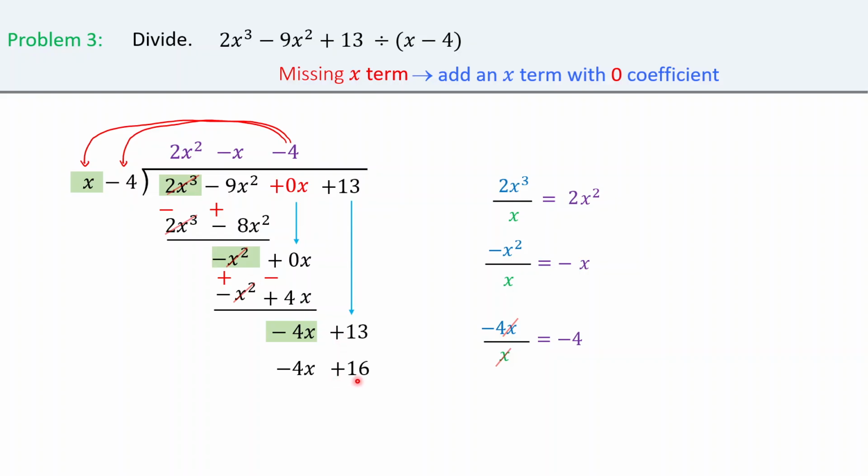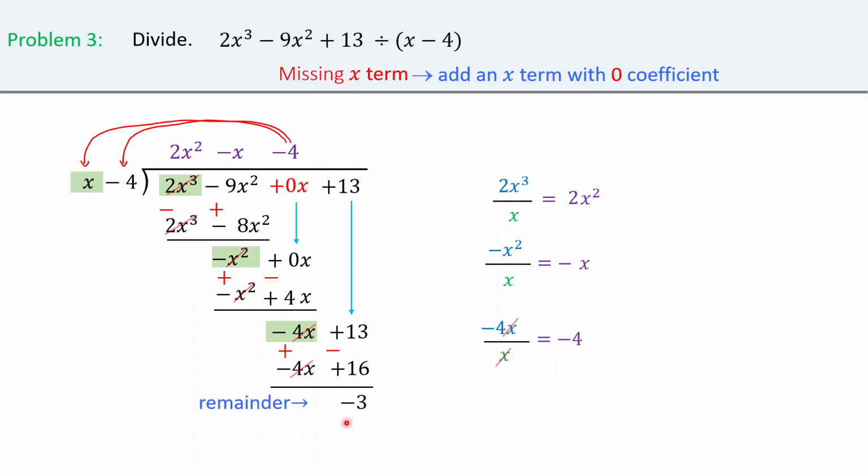You get a positive 16. Now change the sign. This is negative 4x, change this to positive. This is positive, change this to negative. Now add: negative 4x plus 4x is 0. So cancel this out. Positive 13 minus 16 is negative 3.